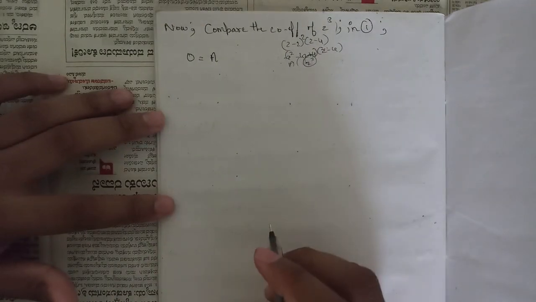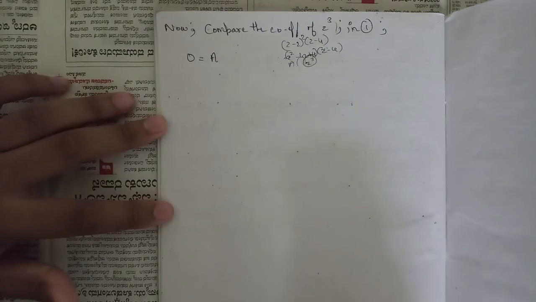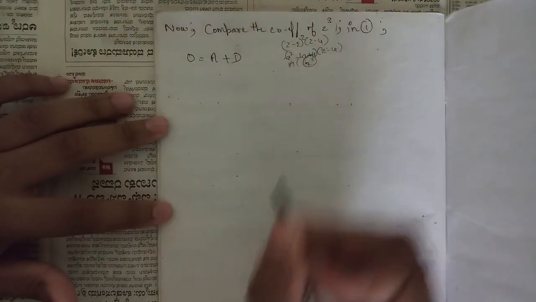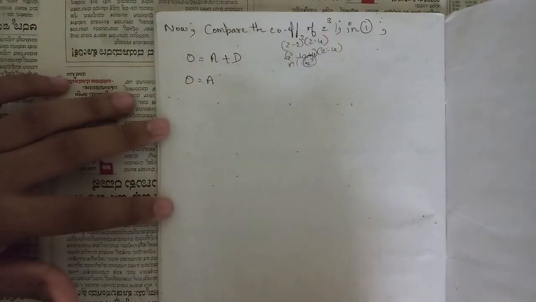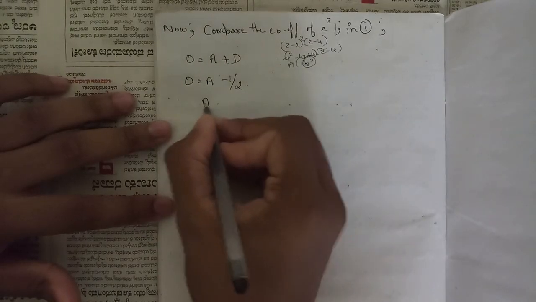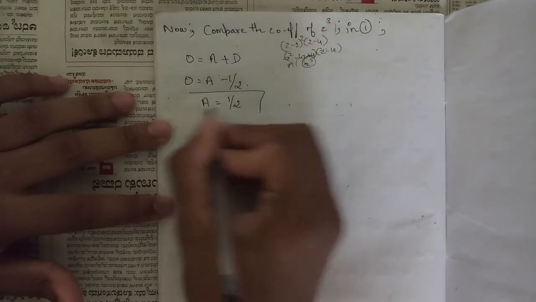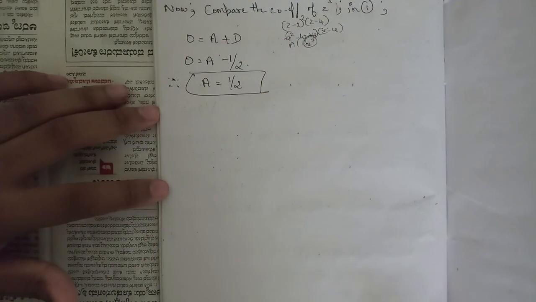In the place of the B term, there is no cube term, also in place of C, but in place of D we have z minus 2 the whole cube. So we can write it as A plus D. So 0 equal to A plus D, the value of D we found, that is minus 1 by 2. Therefore A equal to 1 by 2 by comparing the coefficients of z cube.